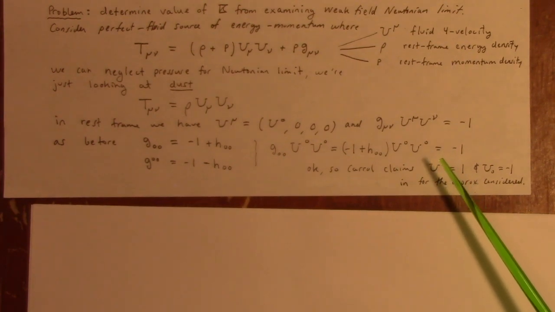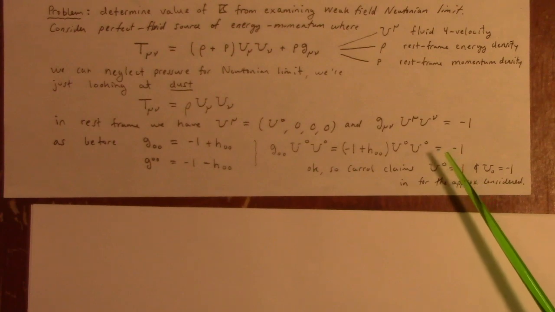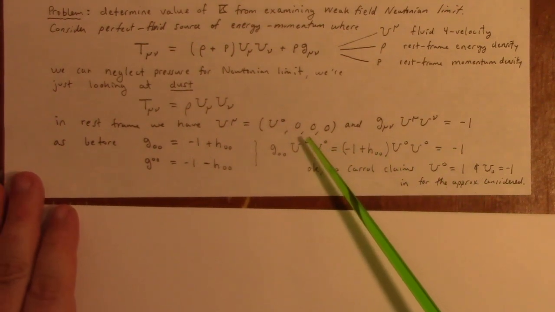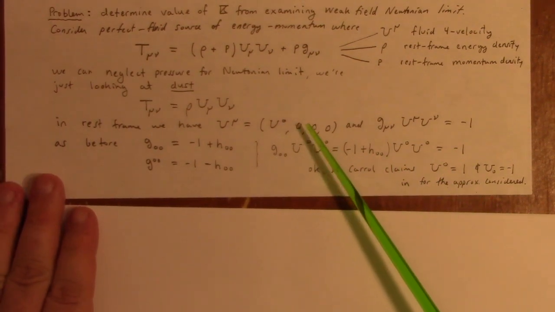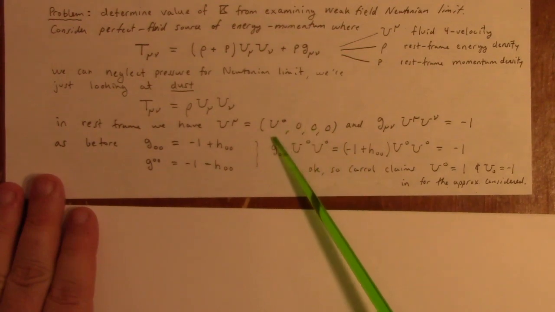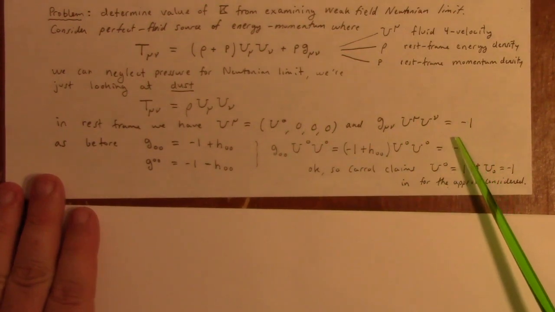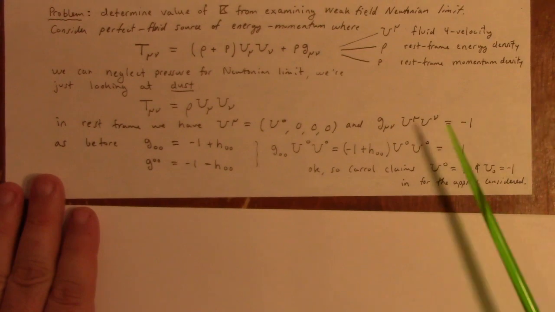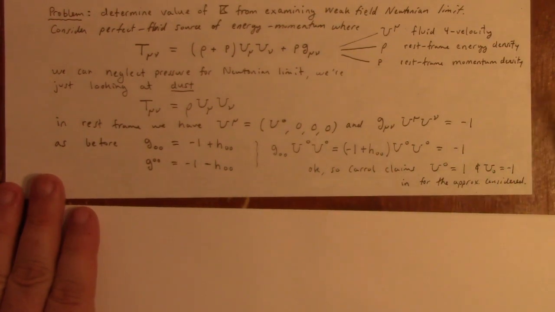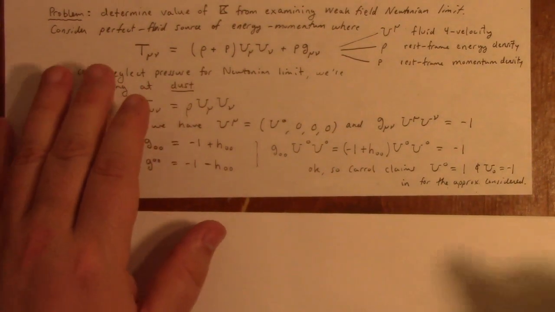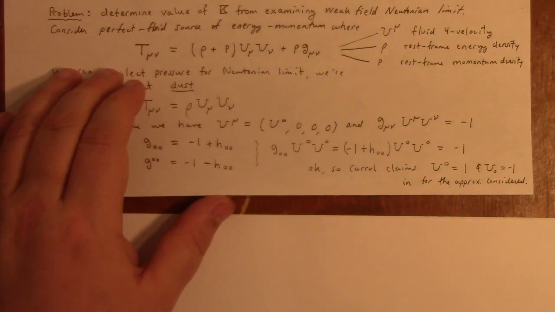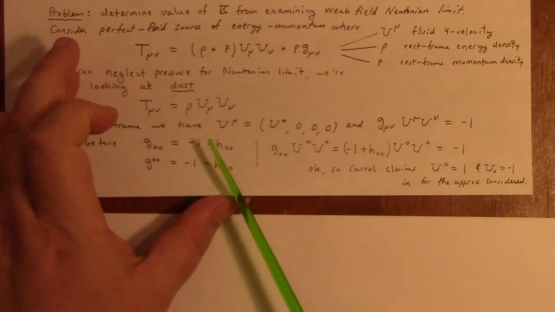But anyway, since the other velocities are 0, that makes this have to be minus 1, since it is the Minkowski metric at a point, I guess. There's some nuance here that I don't want to get into. Long story short, 1 and minus 1 for these.